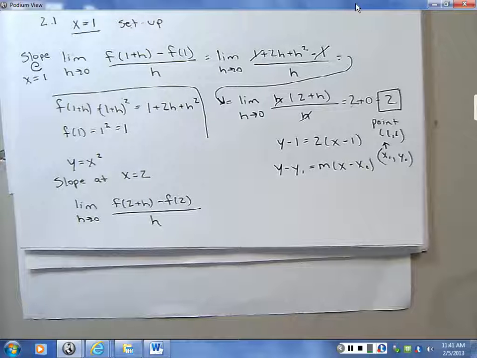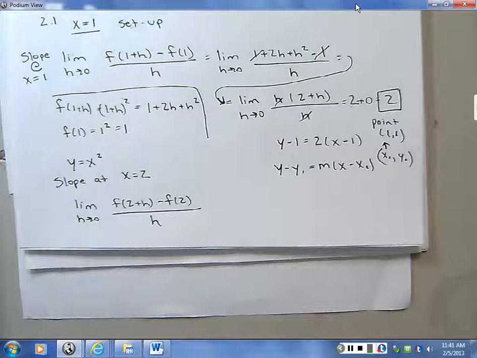You're plugging 2 in, you're squaring, and you subtract 4. You're doing this at x equals 2. So the point would be 2 comma 4, because you plug in x equals 2 to see what your output would be. Here I just gave you the x point, but you should be able to find the y point.